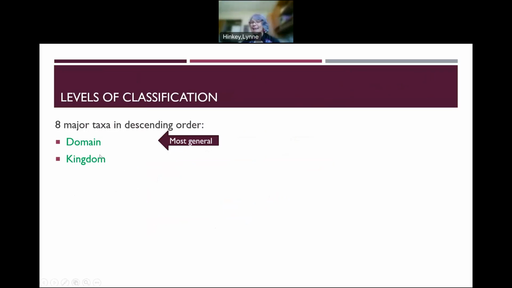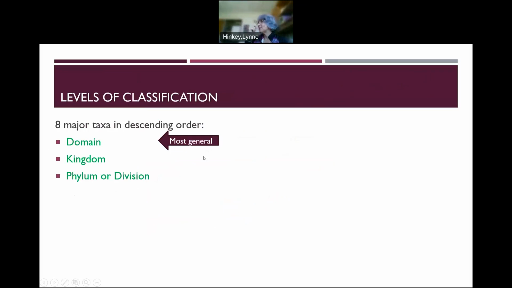In the domain bacteria, the first kingdom is bacteria. And within archaea, the first kingdom is archaea. They used to be prokaryotes, and then their kingdoms were bacteria and archaeobacteria. But now we've taken that archaeobacteria and they are now archaea. They're their own domain, and so their kingdom now is archaea.